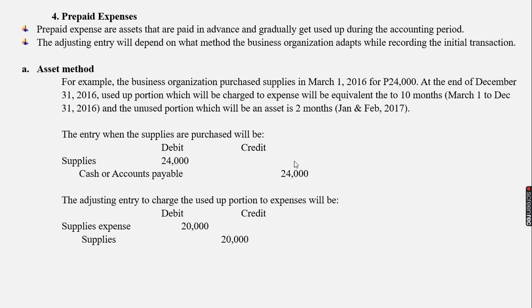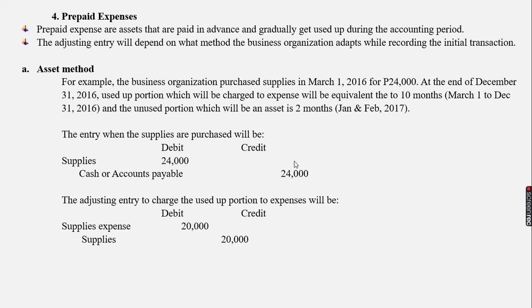So, the 24,000, you divide it by 12 months and then multiply it by 10 months. So, the portion of supplies consumed from March 1 to December 31, 2016 is worth 20,000.